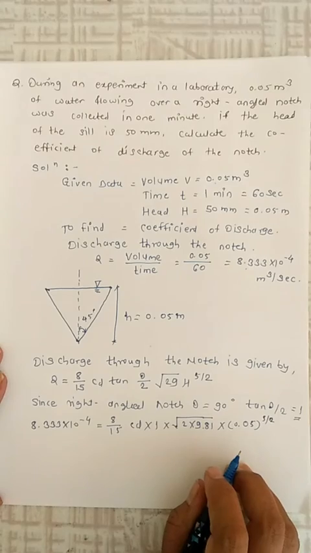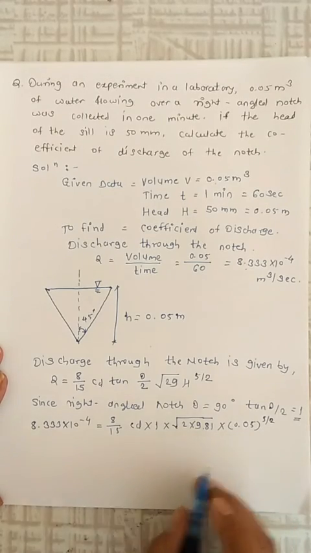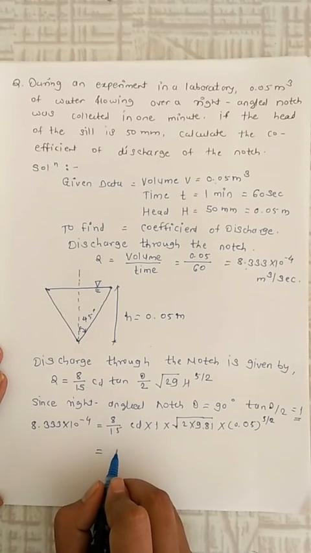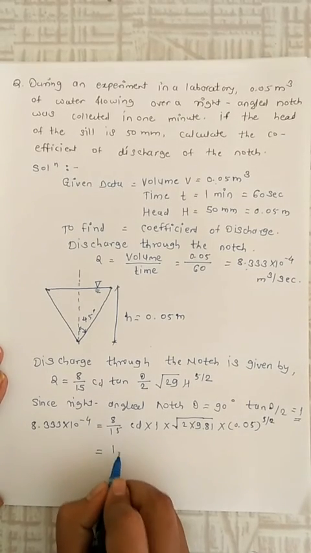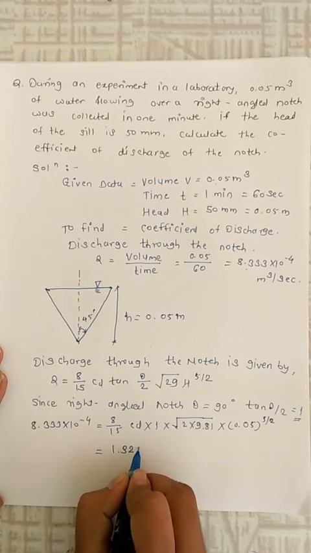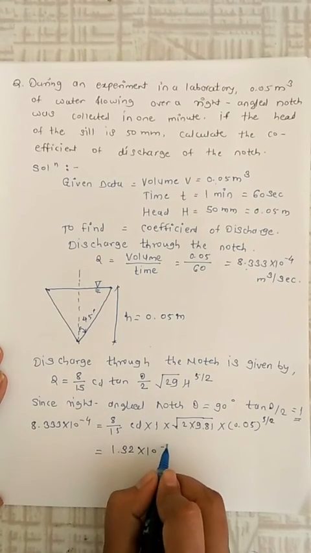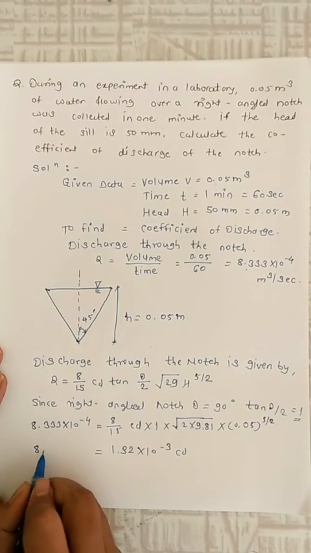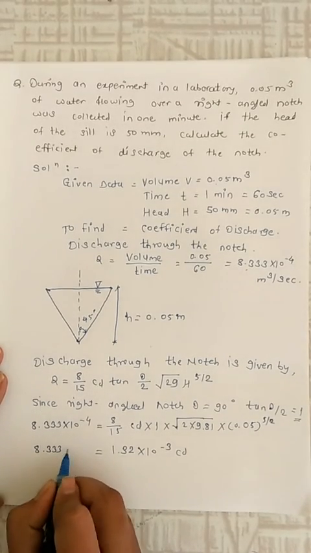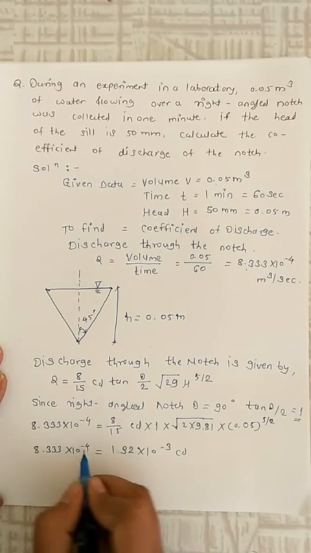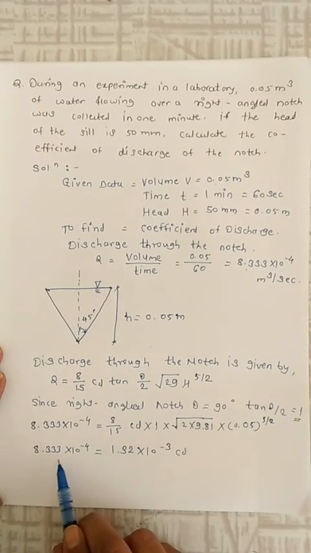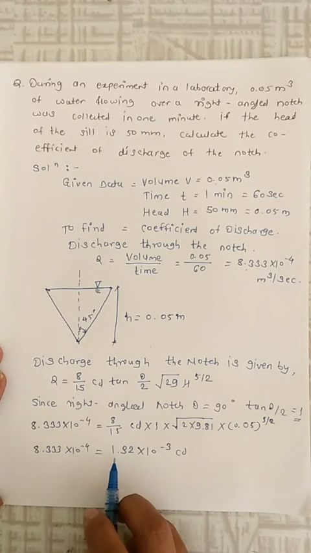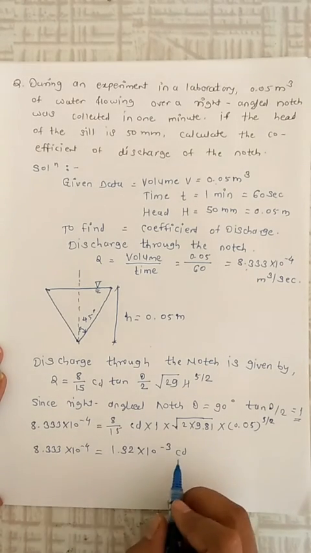After solving this equation, we get 1.32 into 10 raised to minus 3 CD. So 8.333 into 10 raised to minus 4 is equal to 1.32 into 10 raised to minus 3 CD.